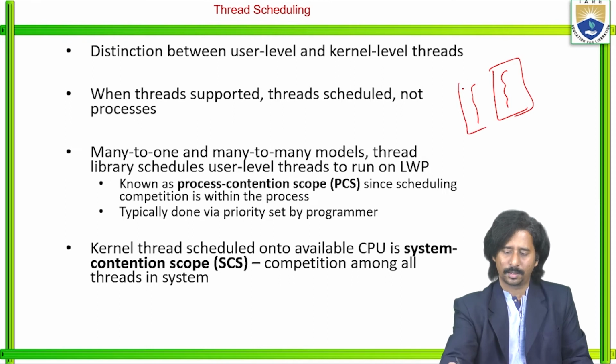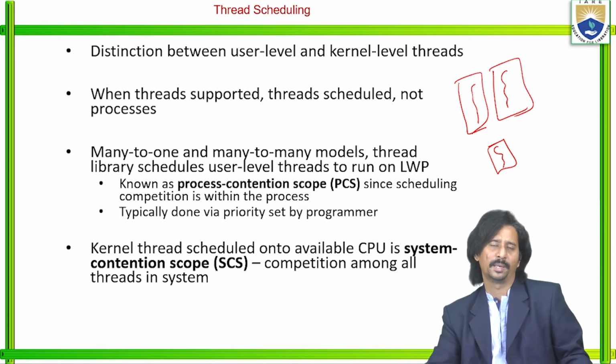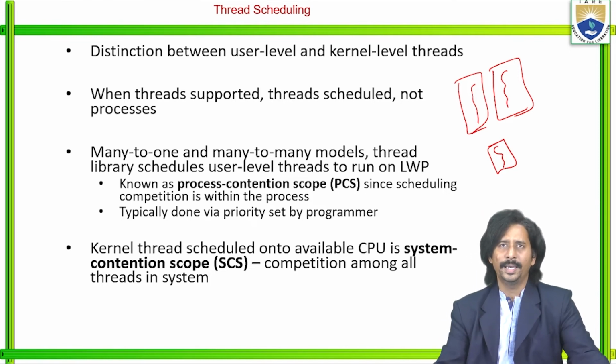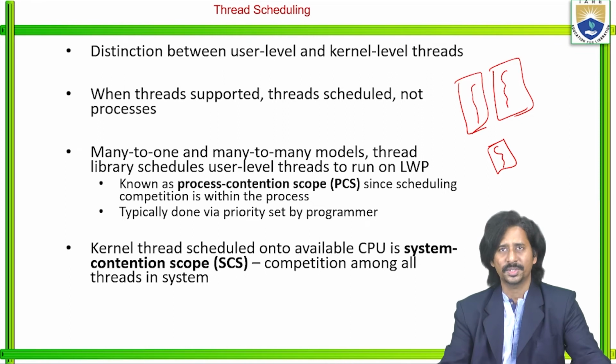We have the single threaded process model and the multi-threaded process model. We'll discuss these concepts later, but here we need to describe thread scheduling. What is the difference between user level threads and kernel level threads? And whenever threads are supported, definitely threads are scheduled, not the processes.